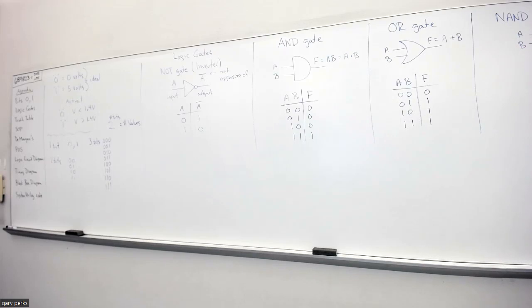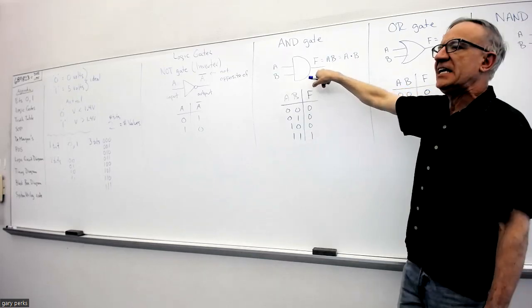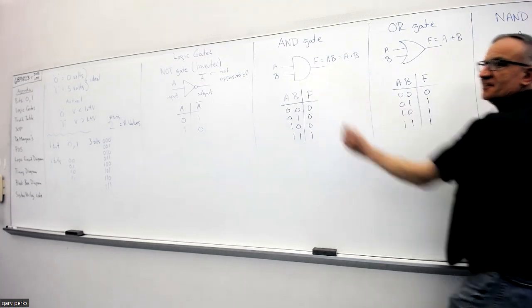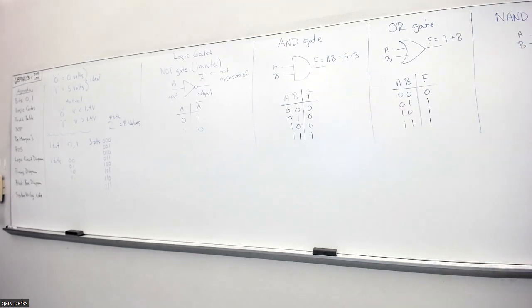So compare the NAND gate symbol to the AND gate symbol. What's different between these two symbols? A little bubble, right? This one has a little bubble on the output where the AND gate doesn't.